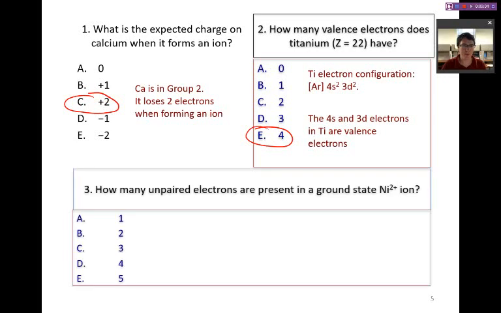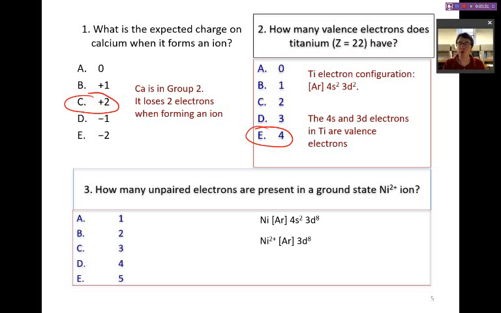Third question. How many unpaired electrons are present in the ground state of the nickel 2+ ion? Pause this and try this on your own. Welcome back. So, the first thing to do is to write out the electron configuration of the nickel metal, the neutral metal. Then you want to remove the 2 electrons.